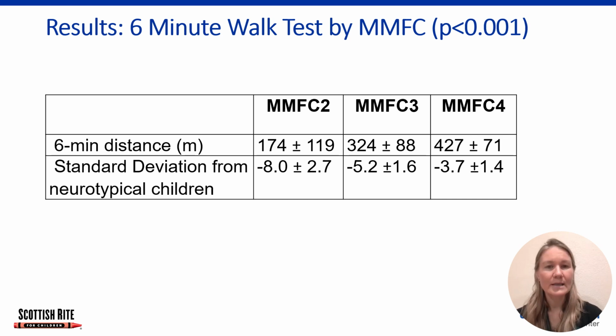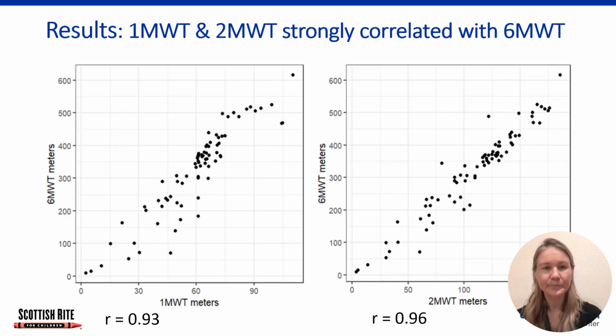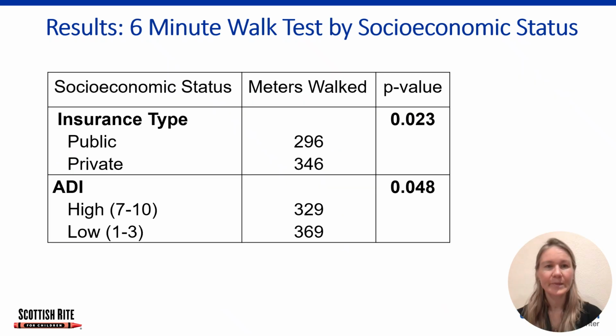Mean 6-minute walk distance was also shorter for MMFC2 versus MMFC3 versus MMFC4, and still comparatively low from the neurotypical mean. Mean 1 and 2-minute walk distances were strongly associated with the 6-minute walk distance.